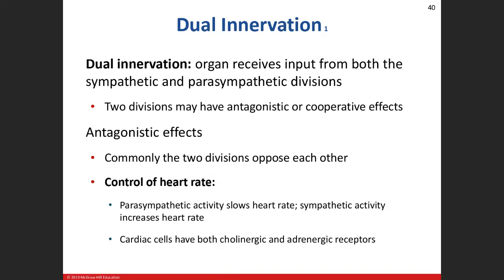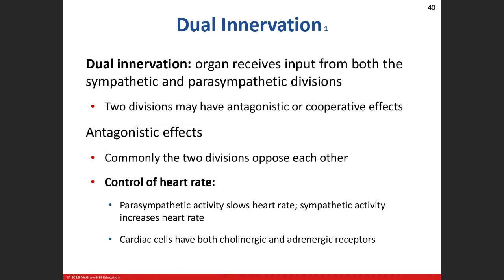All right, so dual innervation. This is what I was telling you about. When both divisions are going to innervate an organ, the organ receives input from both the parasympathetic and the sympathetic divisions. So we have two possibilities.